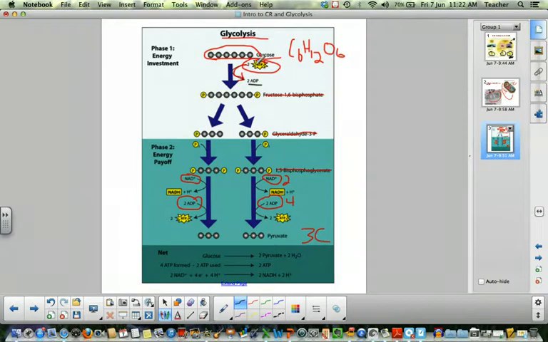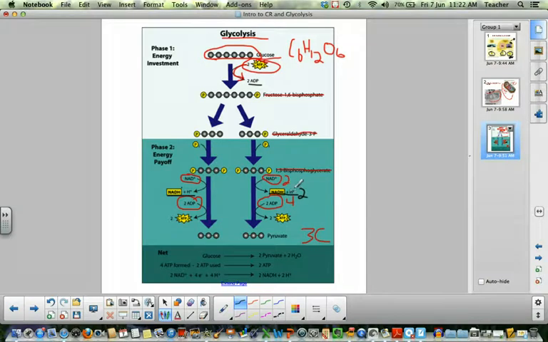So I have 2 ATP turning into 2 ADP. Remember, ATP is energy. So in order to energize and split glucose, which is what glycolysis does, I need a little bit of energy to start. That's where that comes in. All right, let's come down here. Here's a product, NADH plus H plus. There's 2 of those. Remember, these are electron acceptors.